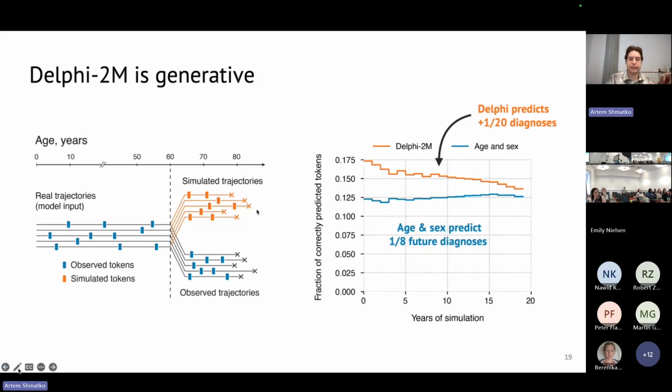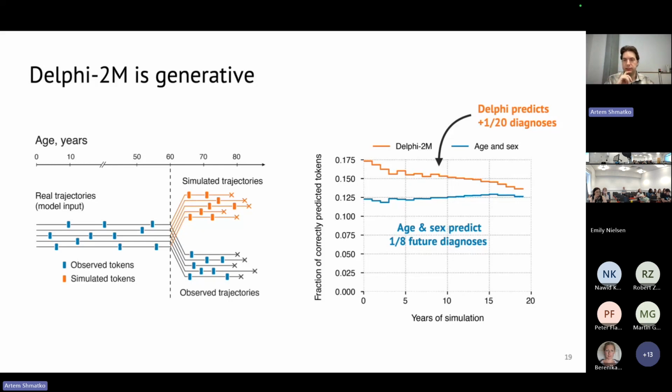So we continued the health trajectories from the age of 60. Since for these trajectories we also had the real diseases that happened after 60, we can compare whatever really happened with whatever Delphi predicted would happen.